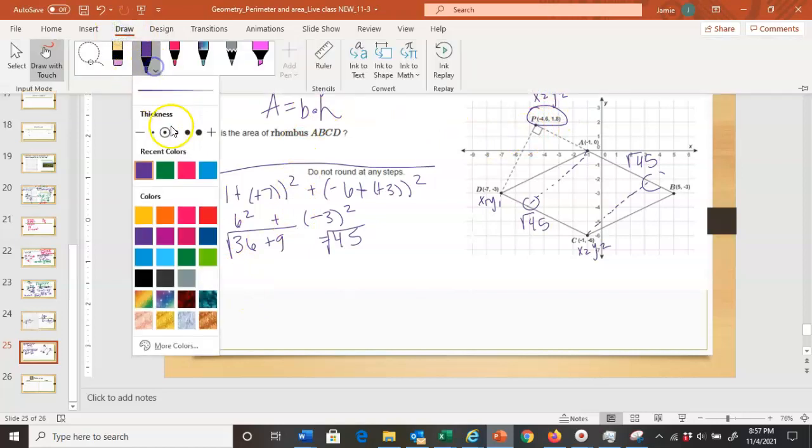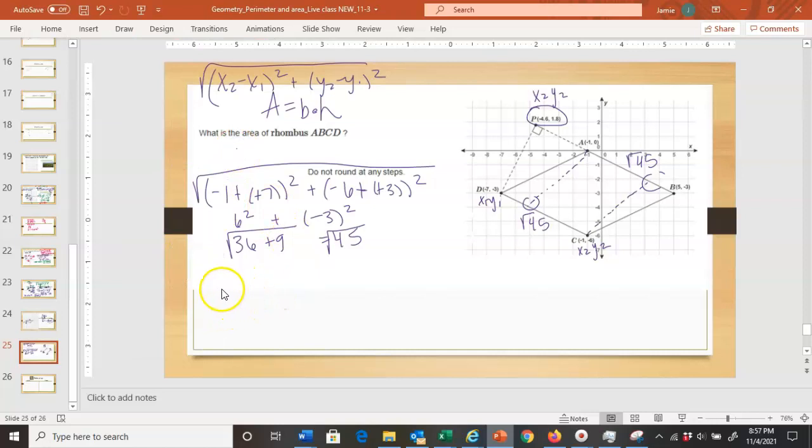I want a different color because. All right. -4.6 minus -7. And then 1.8 minus -3. Wow. Let's get our calculator. I mean, you could do this by hand. It's not too bad because it's to the tenths.